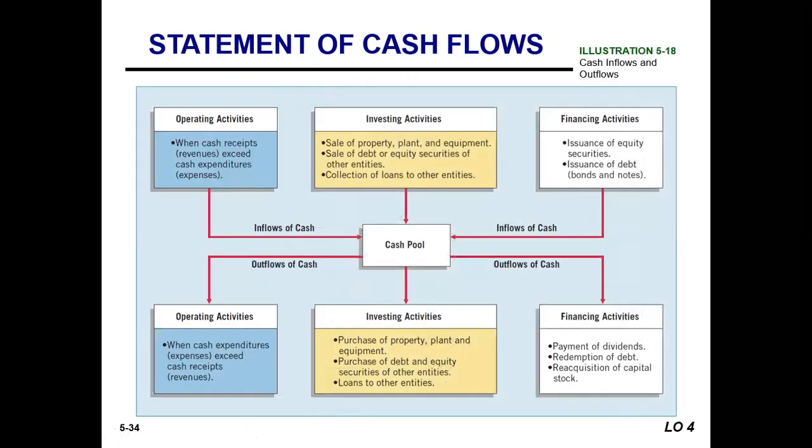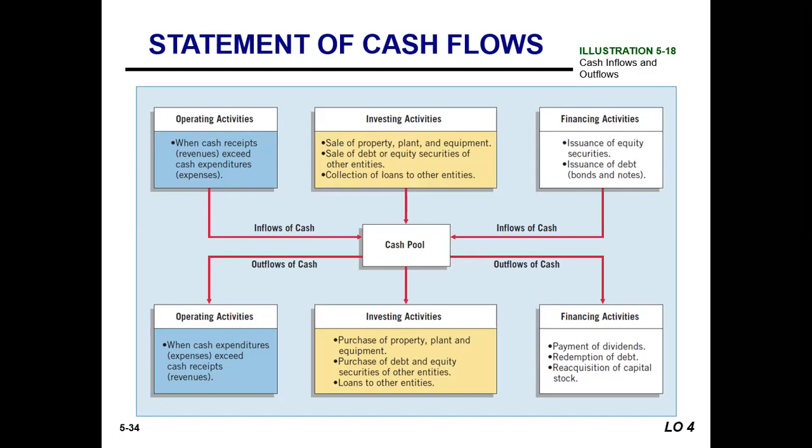So some of the different inflows versus outflows of cash. Up here at the top of the slide, these are showing us inflows, right? Operating activity inflows, investing activity inflows, financing activity inflows. When cash receipts exceed cash expenditures, we have an inflow from operating activities.